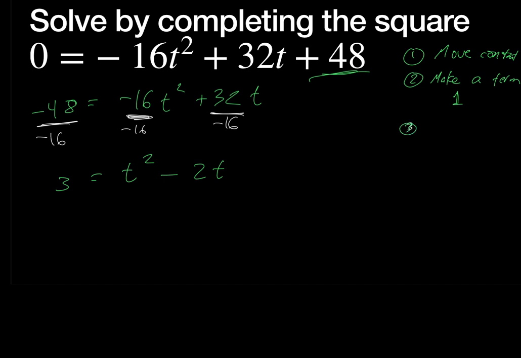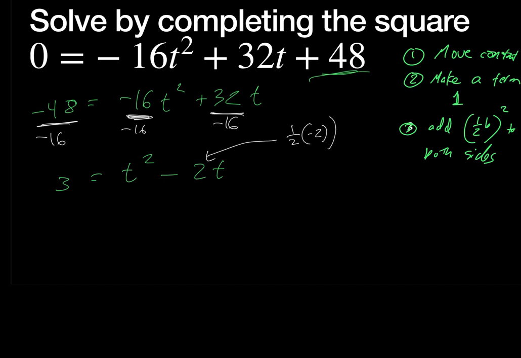Step 3 is to add half of b, squared, to both sides. So that's b, half of negative 2, and square it. So I'm adding half of negative 2, which is negative 1, squared, to both sides.